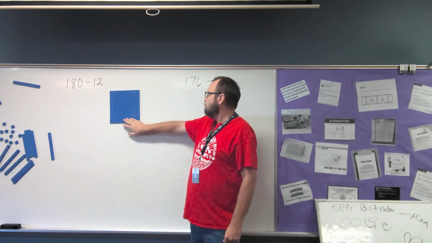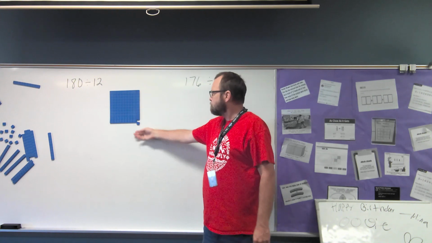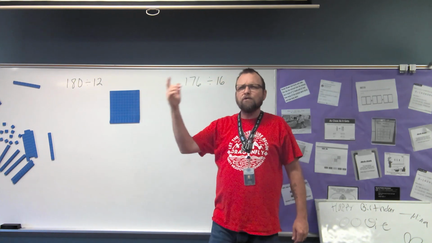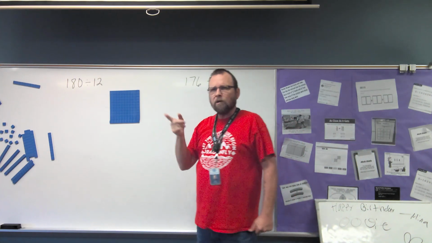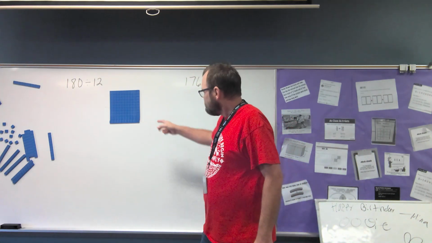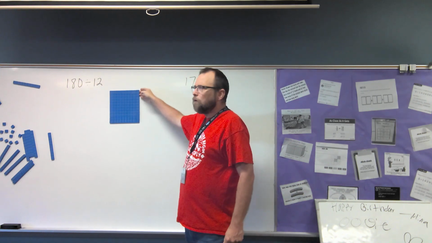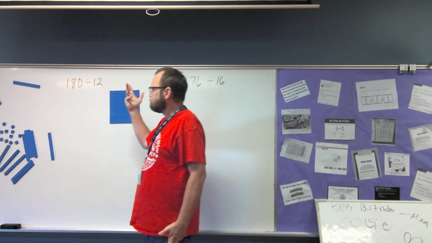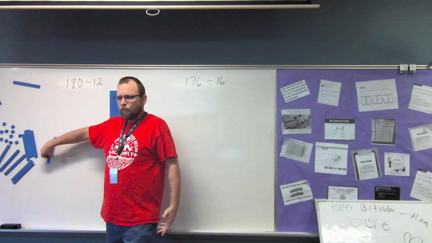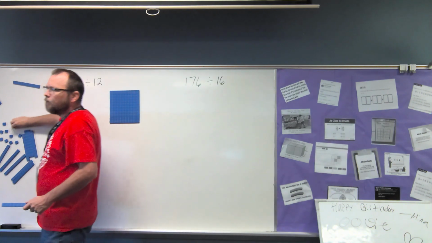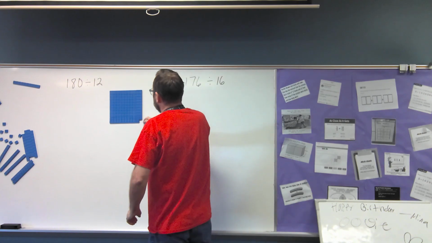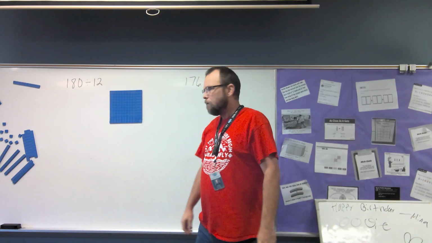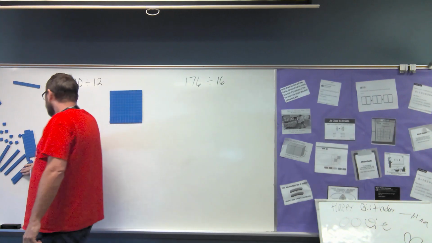So now I have one extra row here. What did you say I had, Serenity? 120. So if I add 12 to 120, I have how much? 132. I'm going to add 12 more, so I have how much? 144.